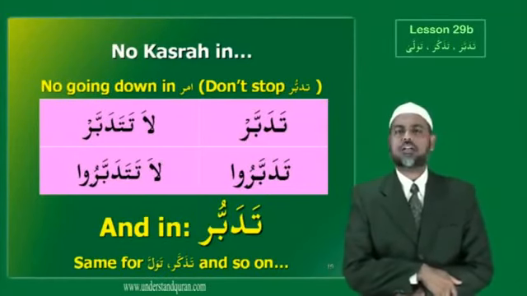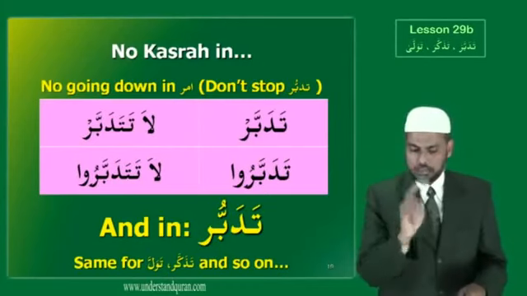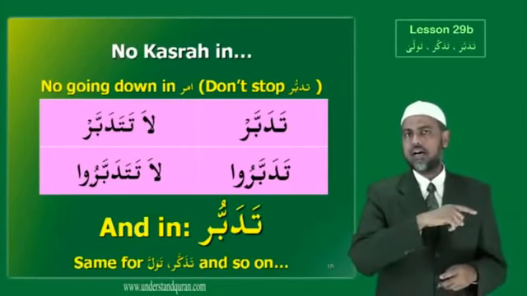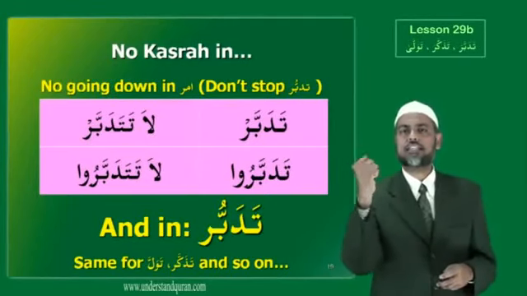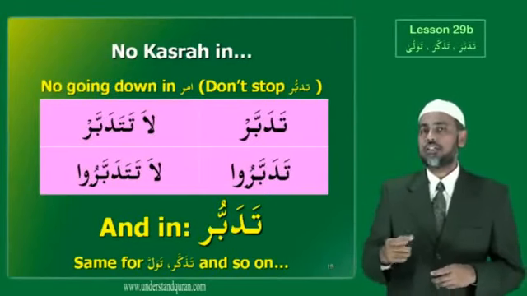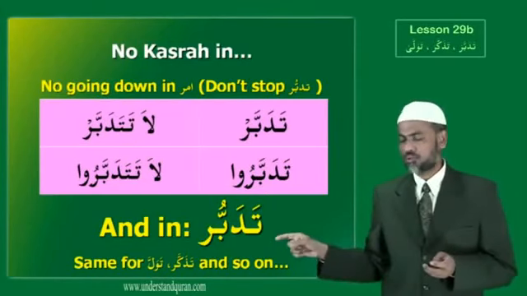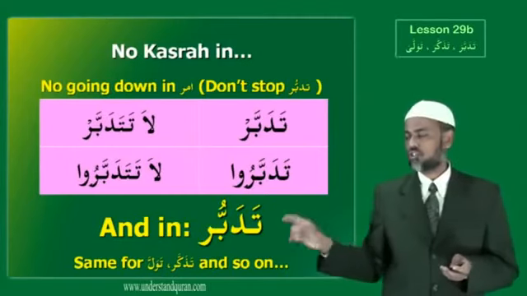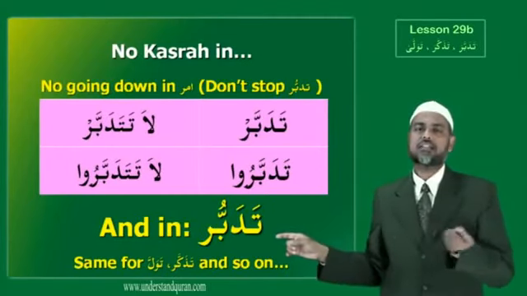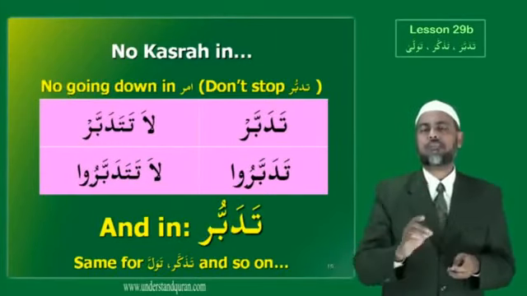Again, please note that there is no kasra in tadabbar, tadabbaru, la tatadabbar, la tatadabbaru, and also in tadabbur. Similarly, same thing is in tadhakkara and tawalla. When it comes to tadabbara forms, you just make the last letter sukun: tadabbara, tadabbar.